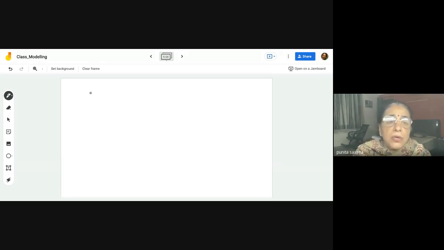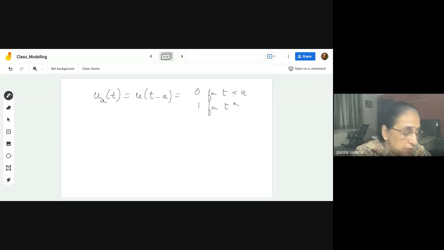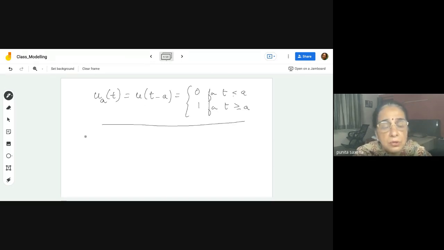So now the notation for the step function is ua of t, which is defined as a function of t minus a, which is going to be 0 for t less than a and 1 for t more than or equal to a. This is the definition for a step function that we are going to use from now onwards.